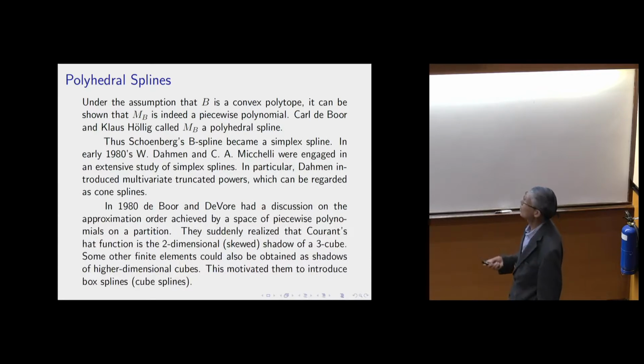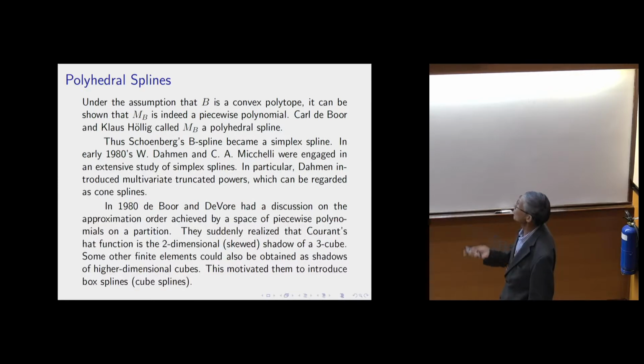I arrived in Madison in 1980. At that time, in particular, Hakopian with de Boor, also Dahmen with Micchelli, did an extensive study of multivariate splines. In a joint paper of Carl de Boor and Hakopian, they called these polyhedral splines.